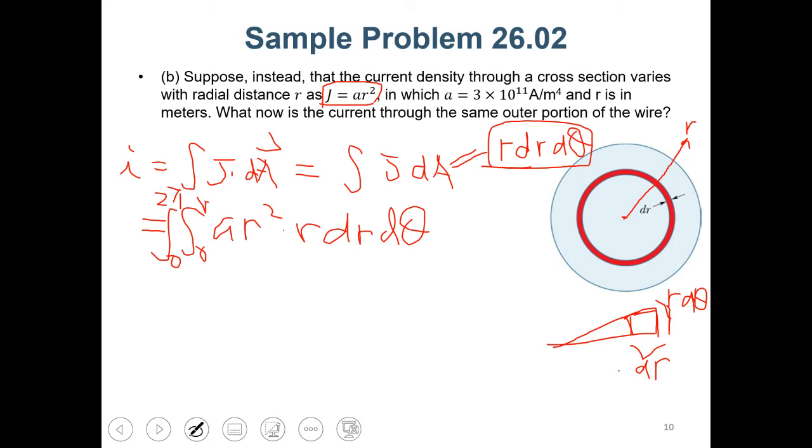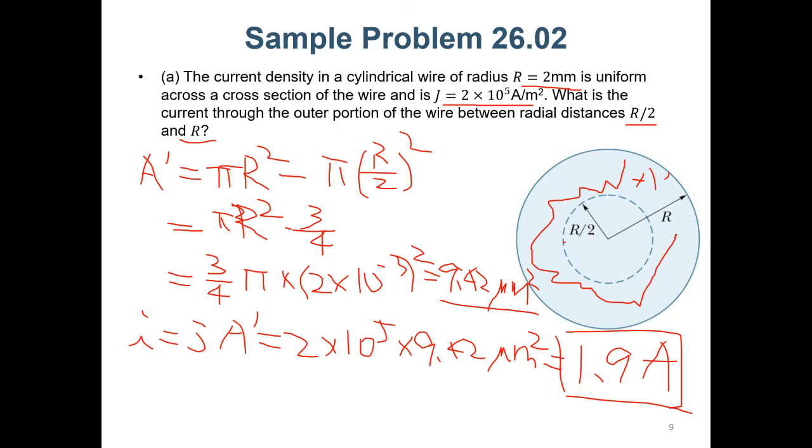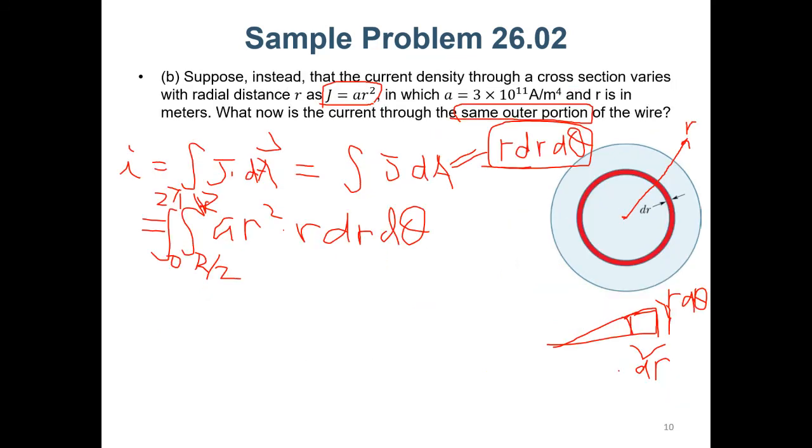Maybe this one should be capital R. We still consider the same outer portion of the wire, so the lower bound should be R over 2 here. Which means that we integrate from R over 2 to R.